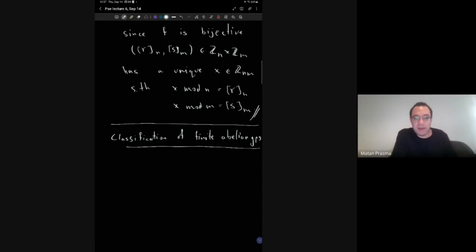And we are now actually focusing on abelian groups. So it makes sense to change the notation. I write G with additive notation.